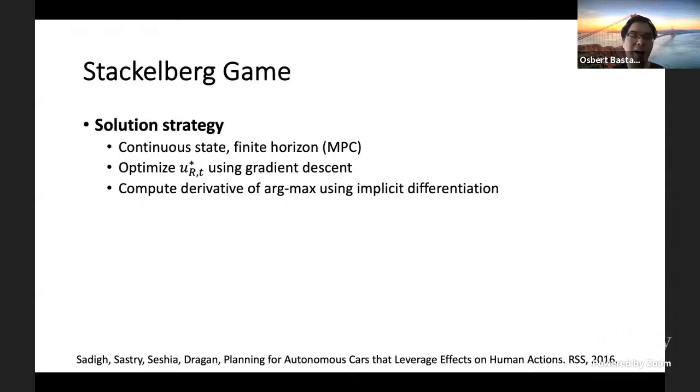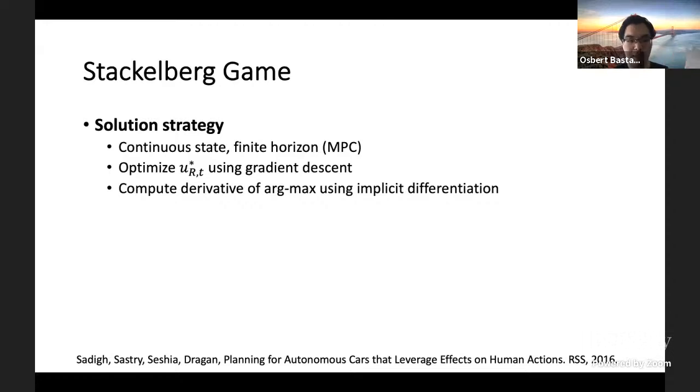One caveat is that we're actually not in finite state spaces. We have a continuous state space because we're thinking about a dynamical system, which means we can't use backwards induction directly to solve the game. In this prior work, what they propose is using gradient descent on both URT star, the robot's optimal sequence of actions, as well as the human's optimal sequence of actions, running gradient descent on the corresponding objectives in order to solve this.